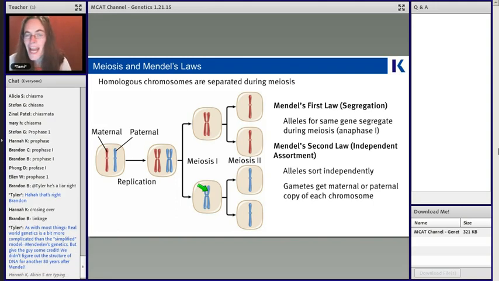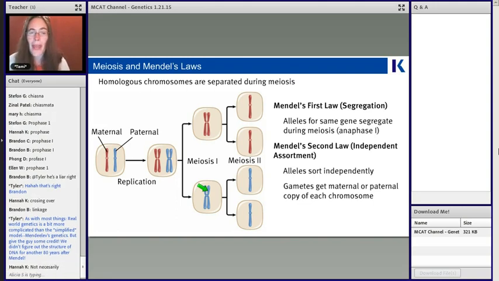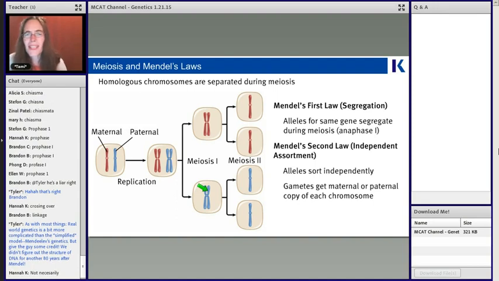No, no. They're on the same chromosome and they're really, really close to each other. So this was the thing that Mendel didn't quite understand. So he kind of lied to us with his second law. We have gotten more clever since Mendel, and we now know alleles sort independently as long as they're not linked. Okay, so we kept his law, we just added a little bit to the end of the sentence with that.